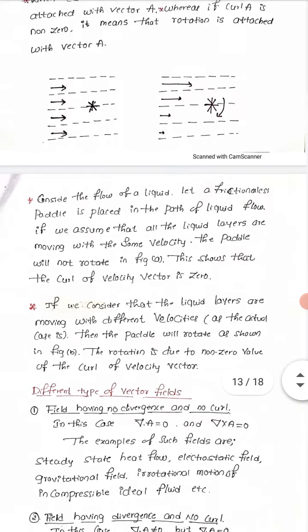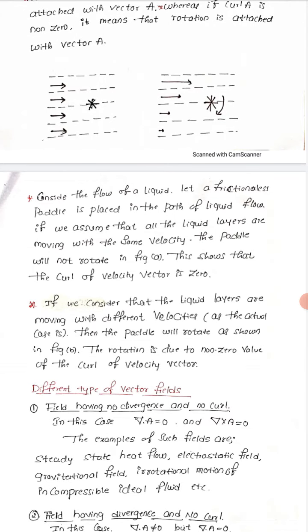Consider the flow of liquid. A frictionless foldable pedal is placed in the path of the liquid flow. If we assume all the liquid layers are moving with the same velocity, the pedal will not rotate. This shows the curl of the velocity vector is 0.